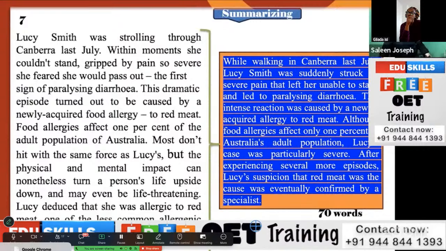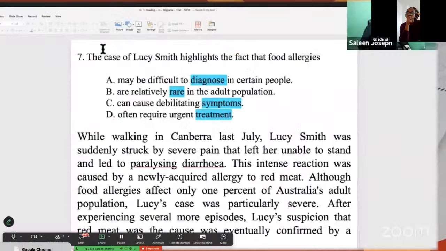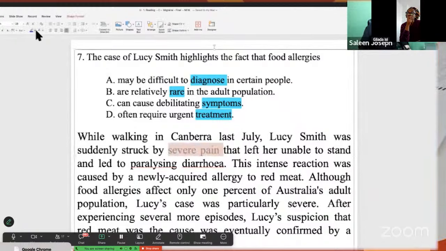Step 5, compare the answer options with the text or the summary to eliminate. Now our business is to compare the answer options with the text. We have taken the summary text, so we have to compare these options. While walking in Canberra last July, Lucy Smith was suddenly struck by severe pain, and left her unable to stand.